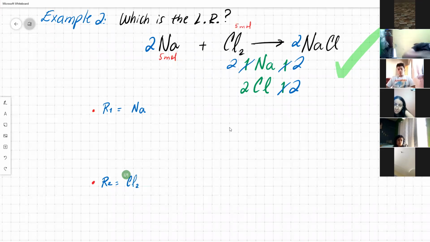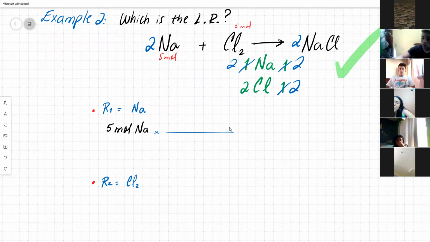So I'm giving you an amount of 5 moles of sodium. I need to use a conversion factor. What conversion factor am I going to be using? Molar masses or molar ratios? Molar ratios. Where am I going to write the sodium, up or down?